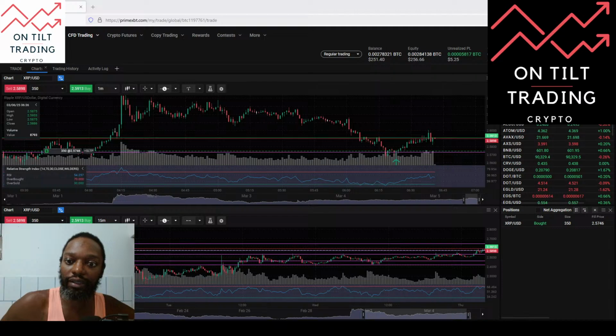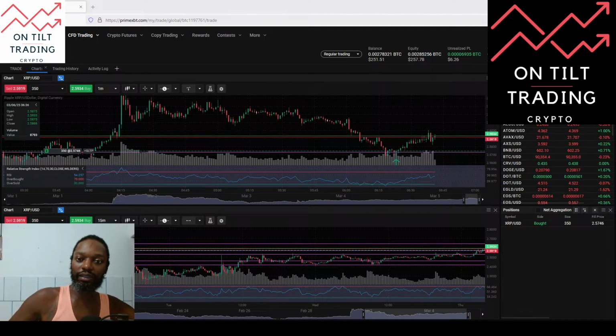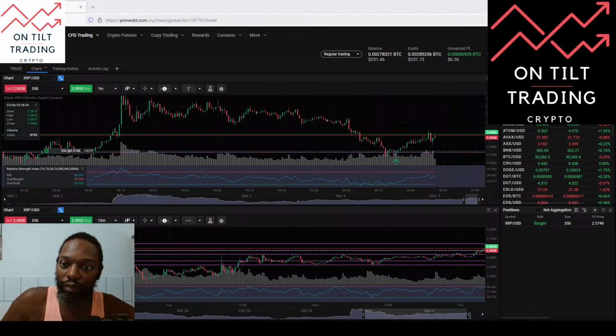So with that in mind, trying to take an entry down here before we get into, let's say, this zone, this area where it's mostly going to be consolidated price action in here. Ideally, this is going to be accumulation. Buyers accumulating shares, preparing to move the price higher. This is what we want to see.